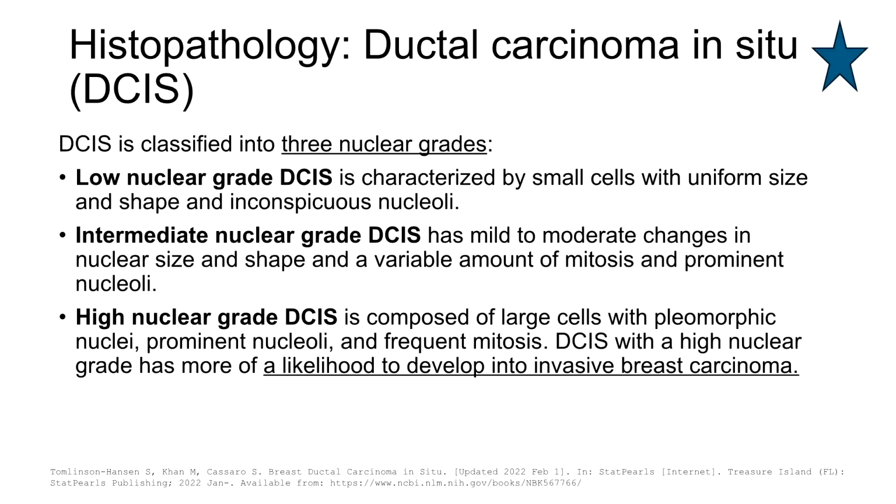So when we do a biopsy of a ductal carcinoma in situ, in order to know a little bit about prognosis for that patient, we're looking into not only receptors, we're also looking into histology in order to classify it as low, intermediate, and high.